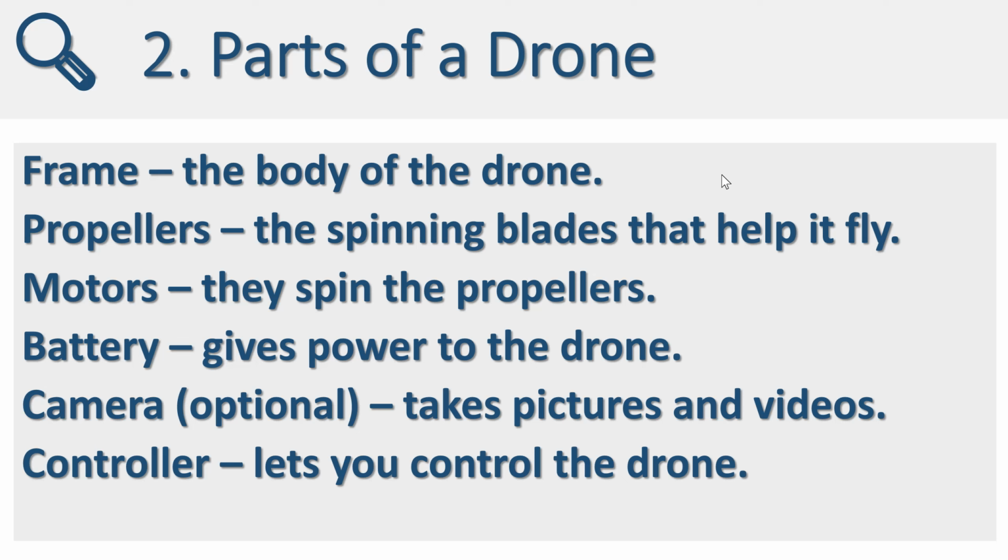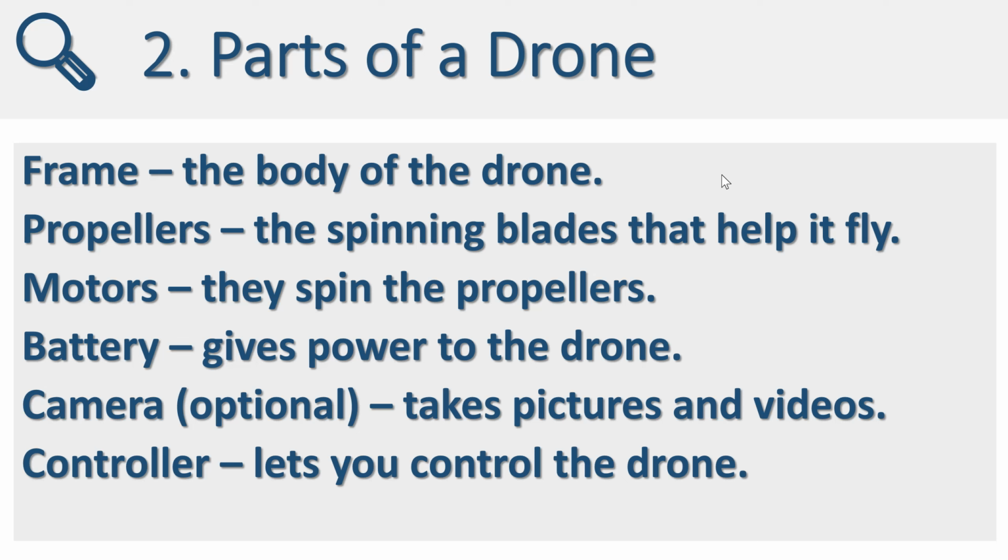The battery gives power to the drone, for its endurance while flying in the sky for long distance and long time, depending on the latitude and the longitude, depending on the slope.